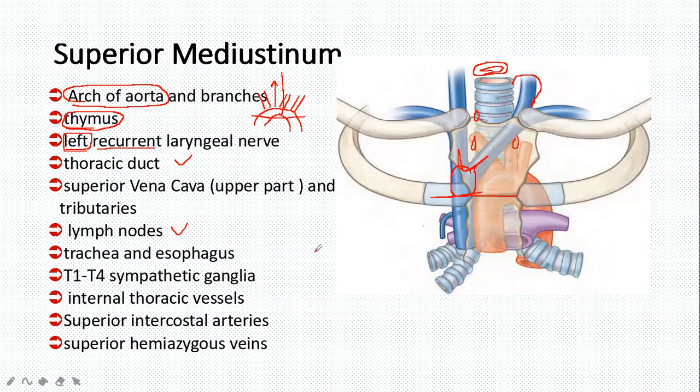So if a question comes and says we find the ganglia of T6 within the superior mediastinum, you don't even have to think about that. It's false, okay? Because we say that the posterior border for the superior mediastinum is vertebrae 1 to 4. Okay, so the ganglia will be parallel to each vertebra. All right.